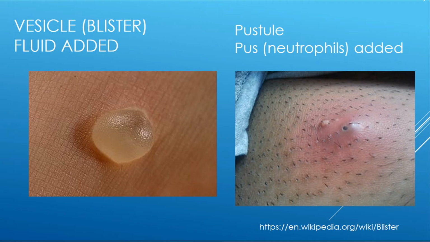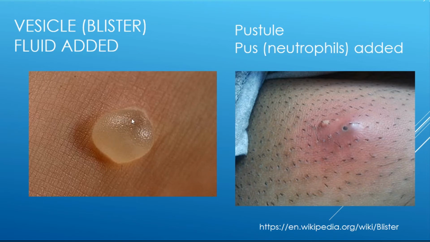I apologize for these. I do not do human anything. This is gross, but I took these off of Wikipedia, so they're in the public domain. But just to give you some examples. Here we have a vesicle, which you probably know better as a blister. Well, if you can see, we have a raised lesion, right?